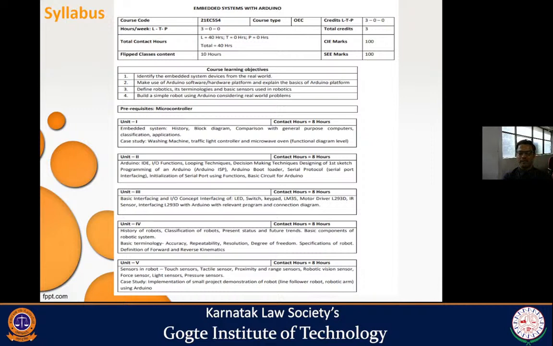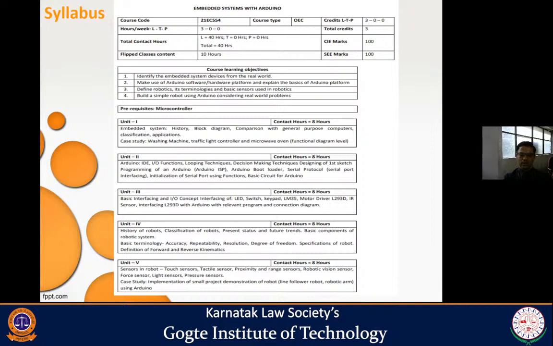Then we make it slightly more complex and try to interface some complex sensors. So we talk about robots because, ultimately, once the embedded system is developed, the system can be used for several applications. One such application could be a robot. So we try to learn the robot and see how we can build it, or what could be the possible solution to build the robot using the Arduino.